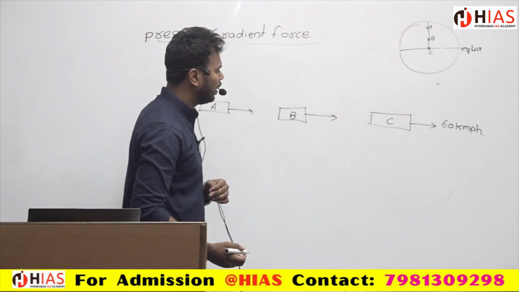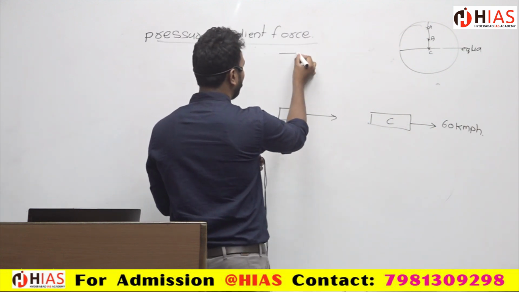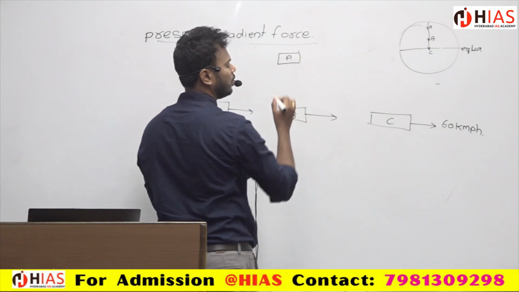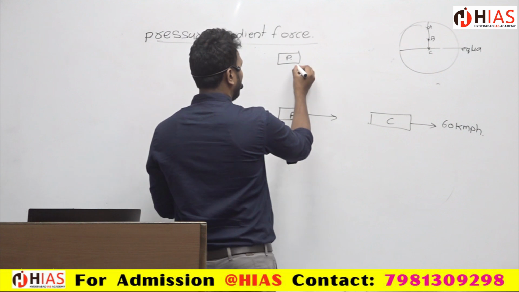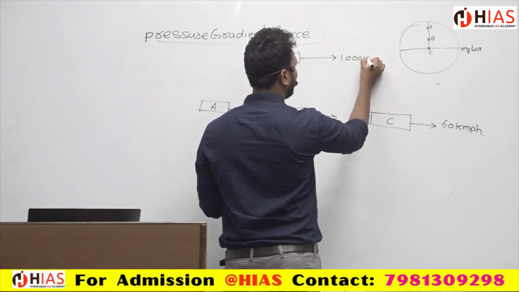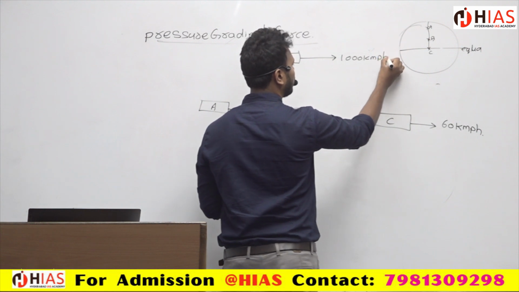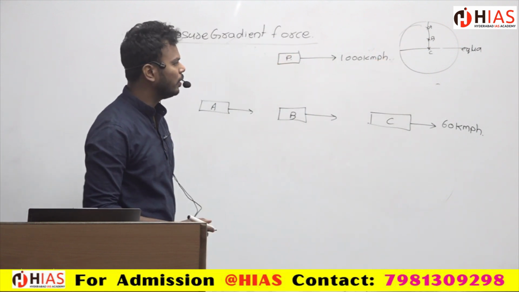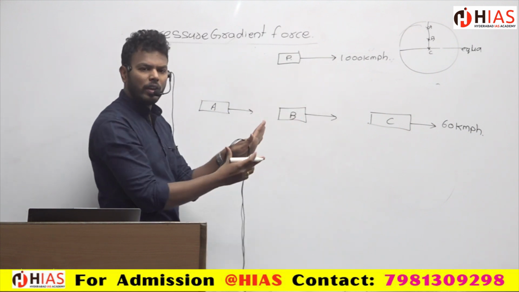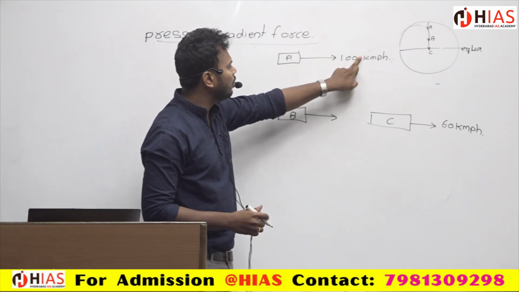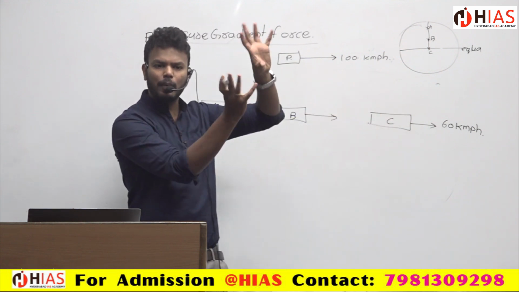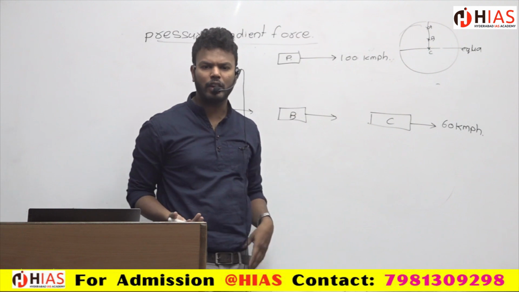And there is another body, which is P. It is traveling with a speed of 100 kilometers per hour. The main target is that both are moving. P is moving with 100 kilometers per hour, and the others with 60. Parallelly, they are moving or rotating, whatever it may be.